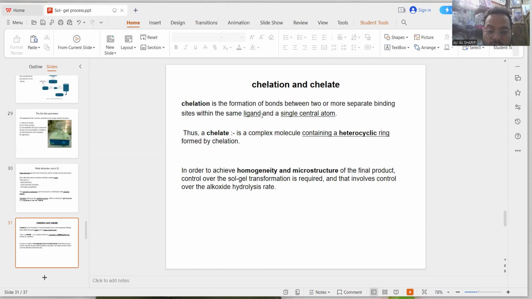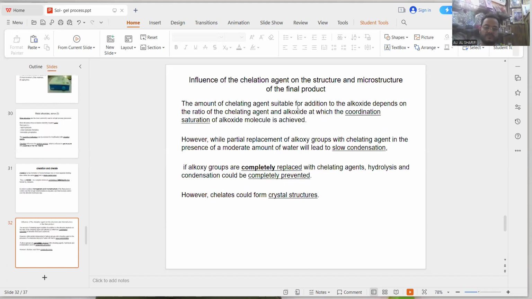In order to achieve homogeneity and microstructure, that's my goal, of the final product, control over the sol-gel transformation is necessary, and that involves control over the alkoxide hydrolysis rate and let me not forget the agent ratio. Now let's talk about the influence of the gelation agent, why it's very important, on the structure and microstructure of the final products.